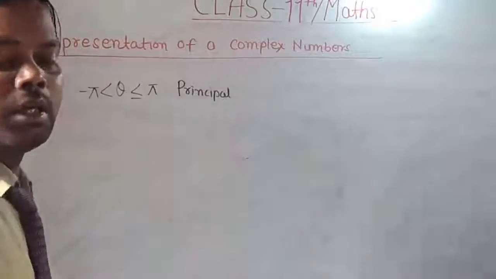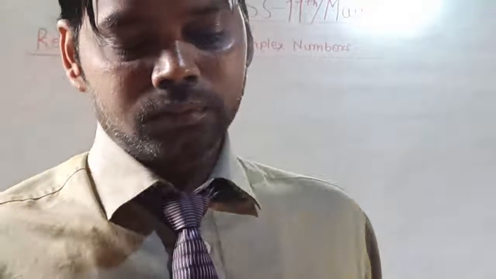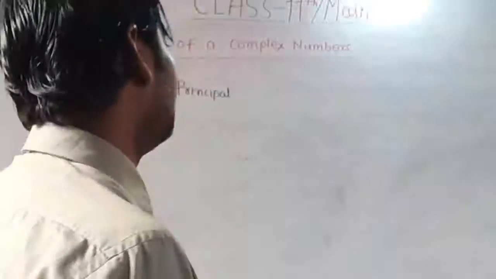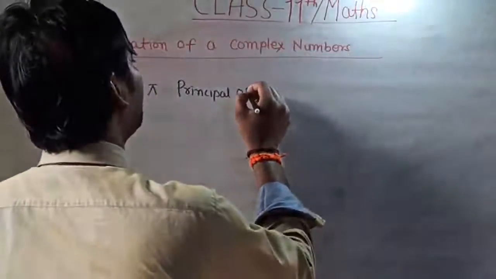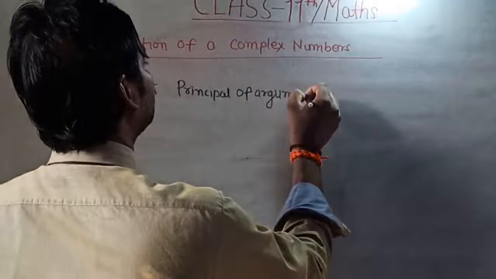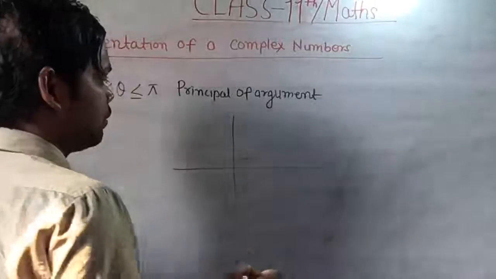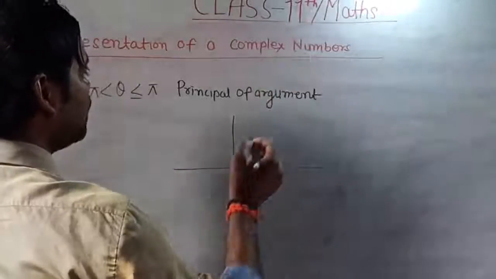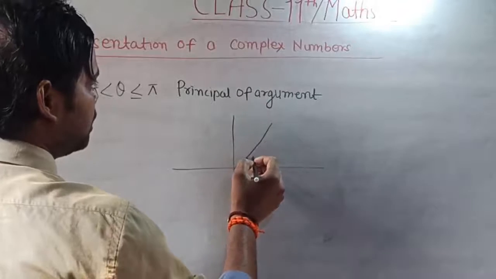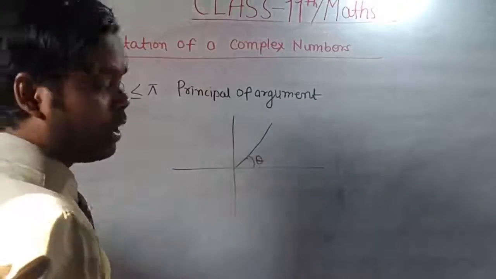This is the principal value of the argument. If the modulus line lies in the first quadrant, then this is the argument in the first quadrant.